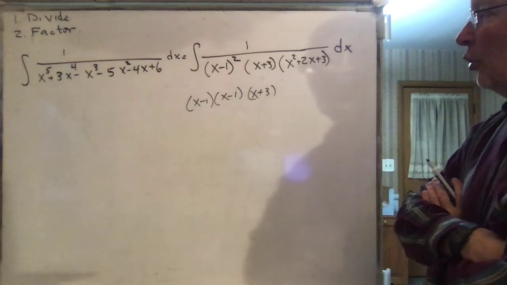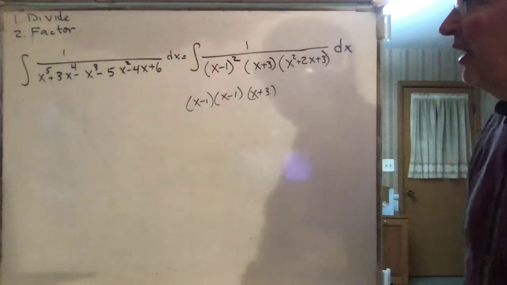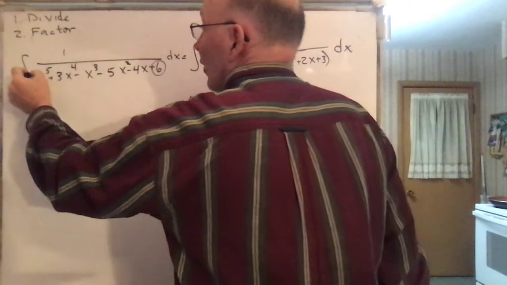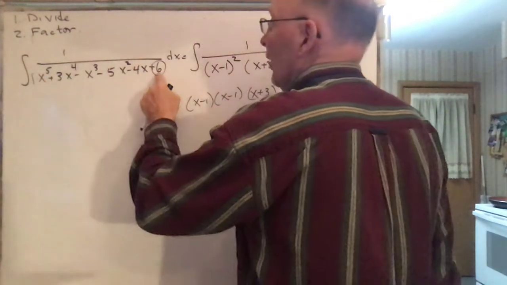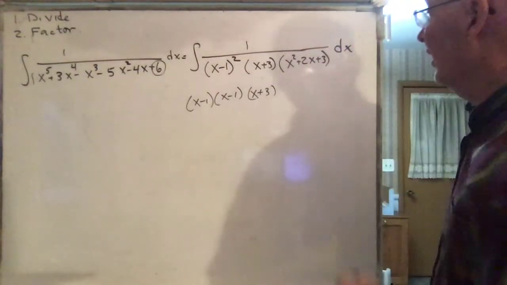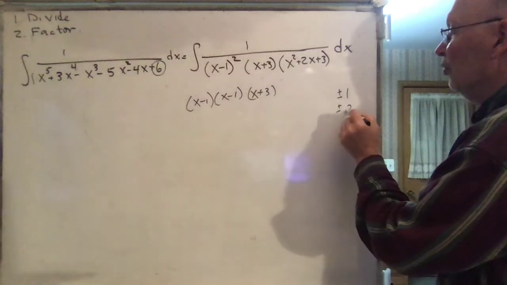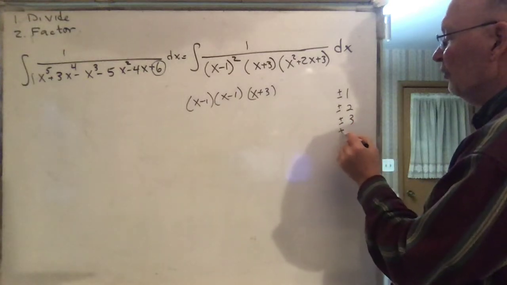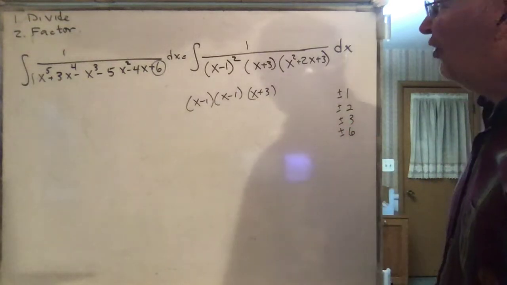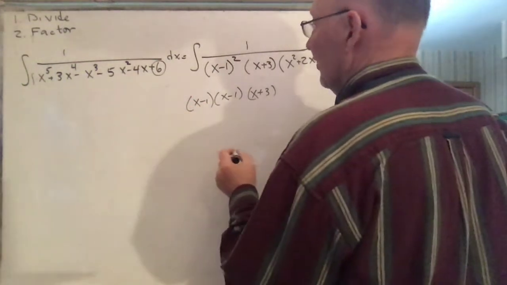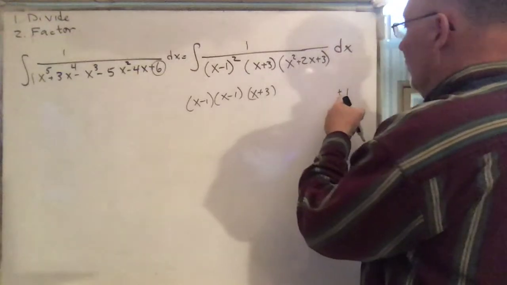But one good way to start is by saying, what are numbers that divide into 6? If you have a 1 right there, then you look for numbers that divide into 6 evenly. And so that would be plus or minus 1, plus or minus 2, plus or minus 3, plus or minus 6.